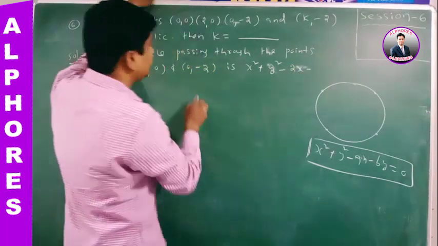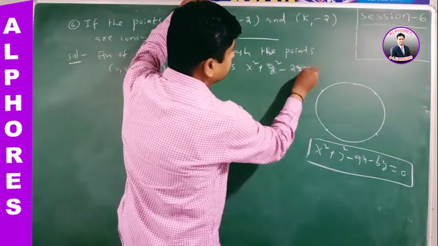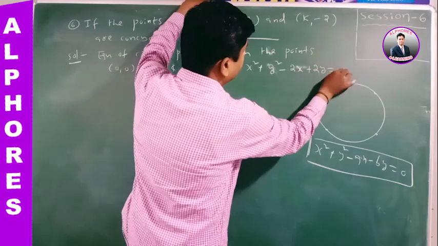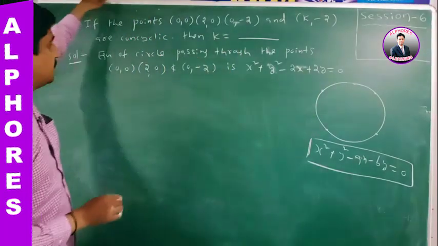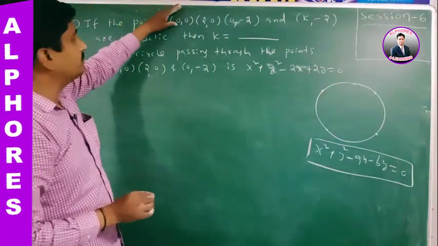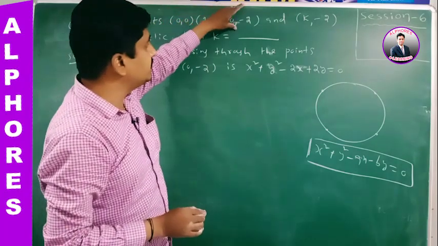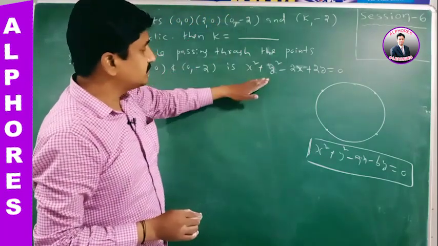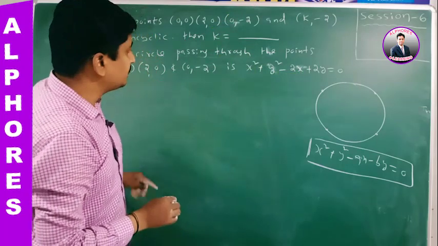Next here b means -2, so minus into minus plus 2y equal to 0. So the equation is x square plus y square minus 2x plus 2y equal to 0.